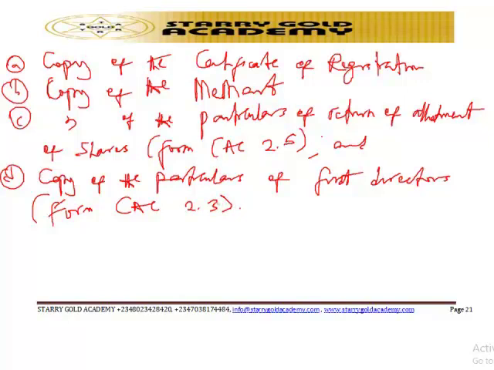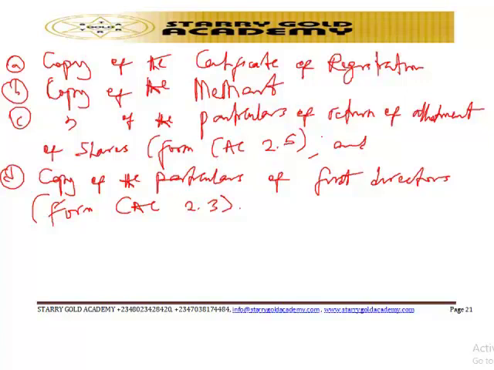Upon registration of a company as a taxpayer, the FIRS issues a tax identification number, which serves as the company's file number for all federal taxes and future correspondence with the Federal Inland Revenue Service.